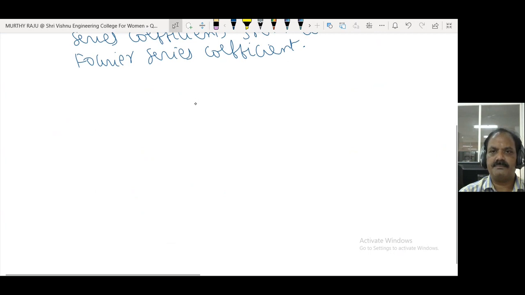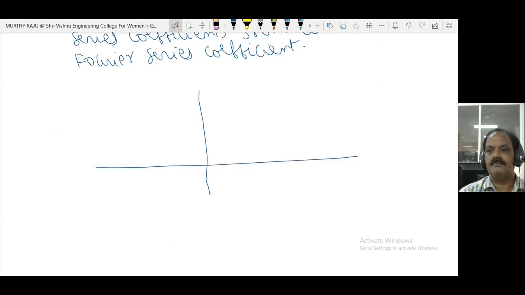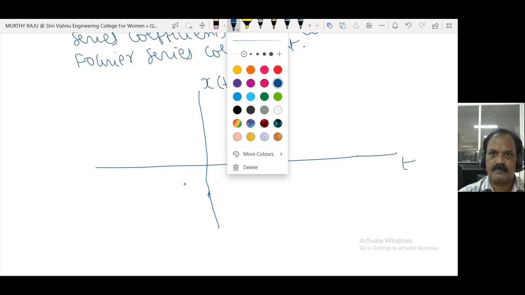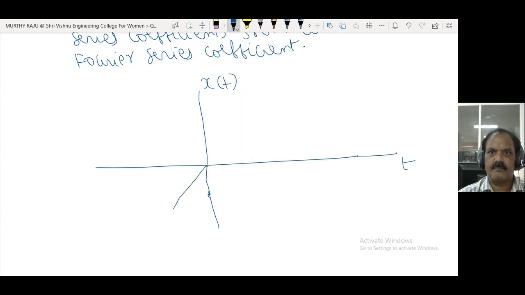See the waveform. This is the t axis. This is the waveform.